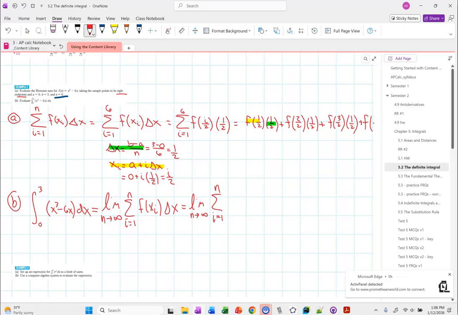Let's just do it here. So delta x is 3 minus 0 over n, so 3 over n. x i is a plus, well, let's just say 0 plus i times 3 over n. So 3i over n. Okay here.